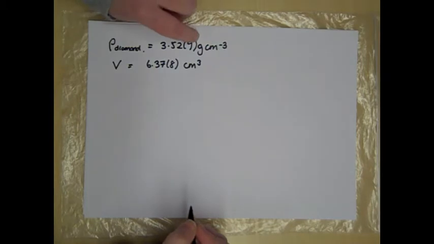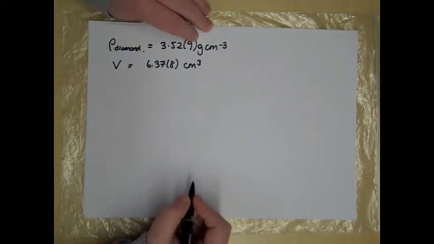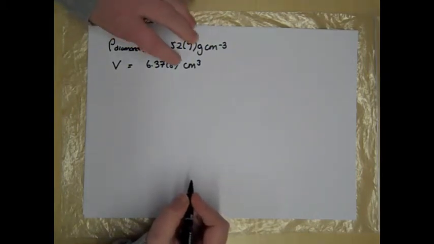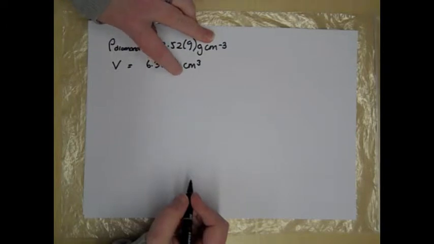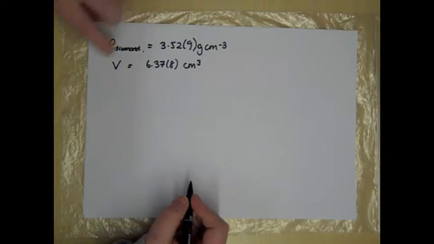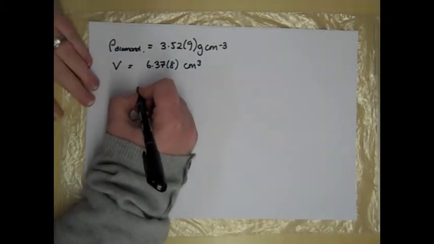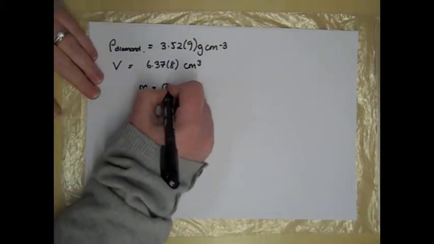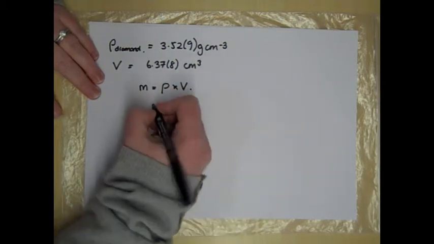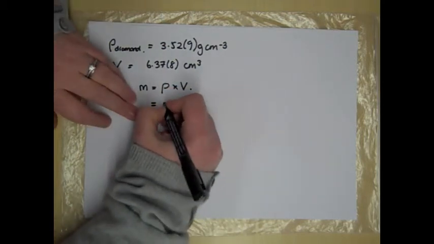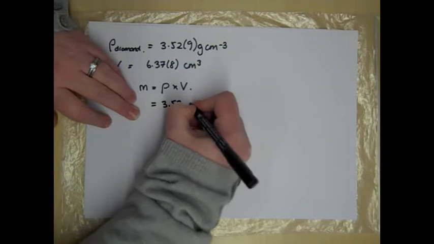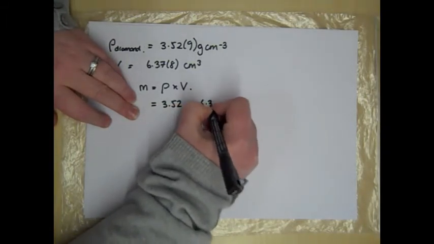And so my mass that I have of my diamond is going to be the density times the volume. So M is equal to rho times V, which is equal to 3.52 times 6.37.